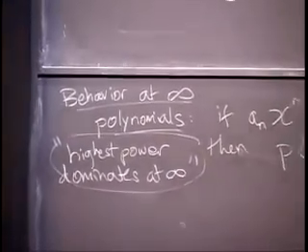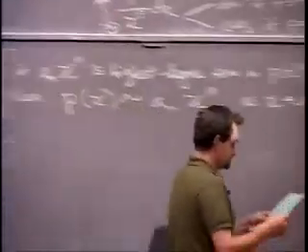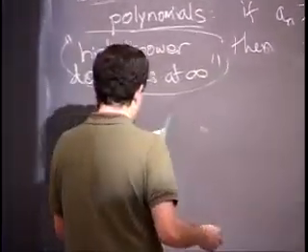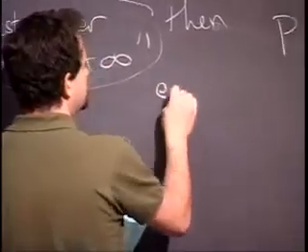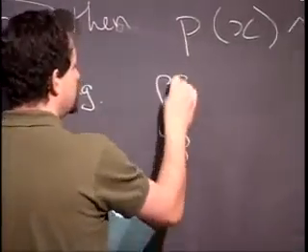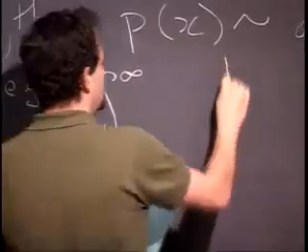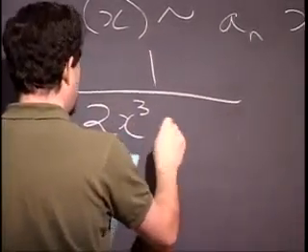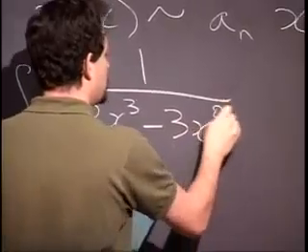All right. So let's just take a look at this. Suppose you have the integral from 8 to infinity, 1 over 2x cubed minus 3x to the point 1.